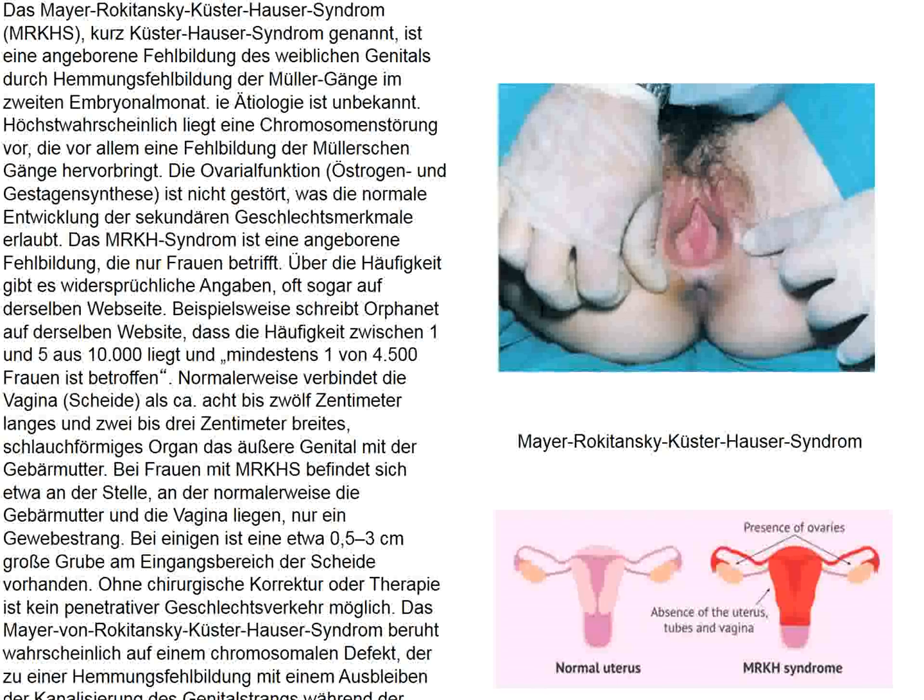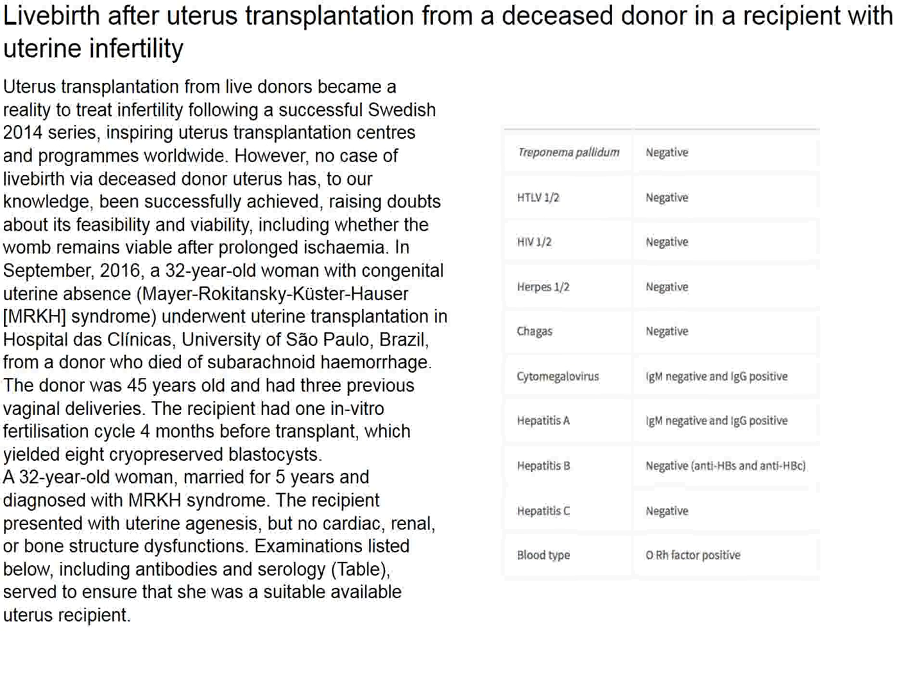But now we have a therapy for women without a uterus, and that is uterus transplantation. Uterus transplantation, we've seen this issue addressed in The Lancet before, has in the past been done from living women donors. But in this example here, a uterus was harvested from a deceased donor that had had a subarachnoid hemorrhage.